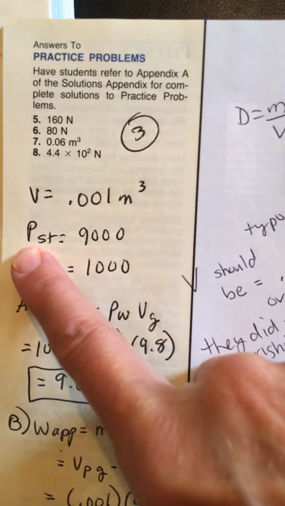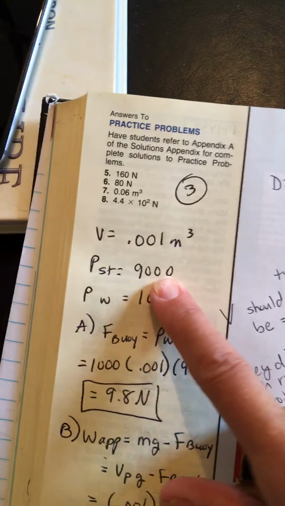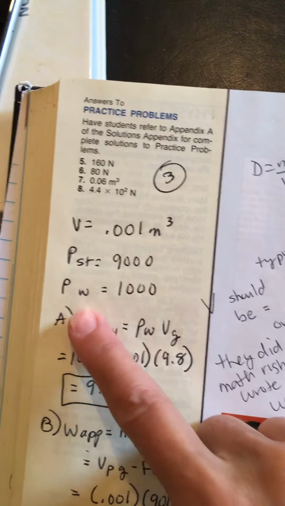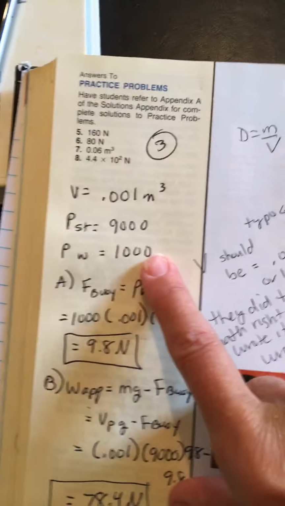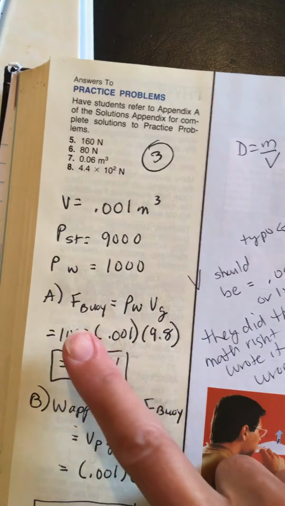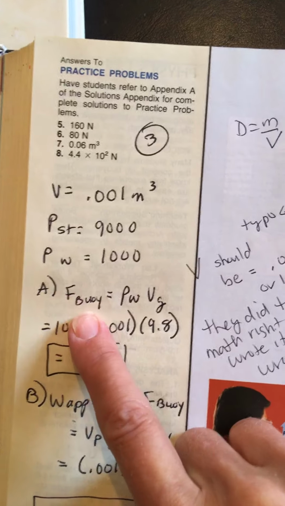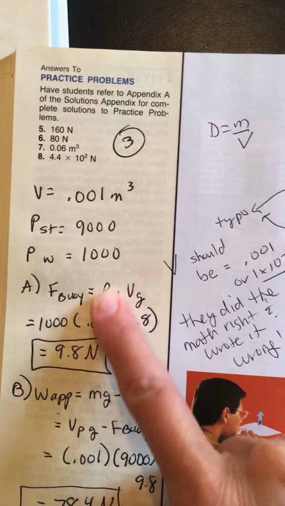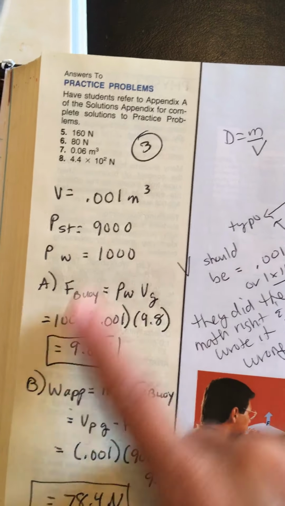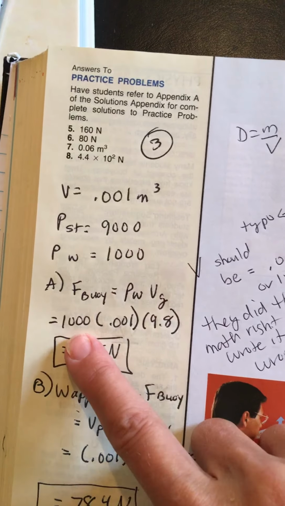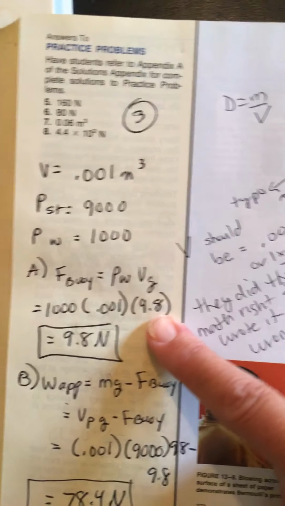So the density of the steel, P of steel, is 9,000. For the water, it's 1,000 because we're putting it in water. So what we're trying to figure out is the buoyant force, and it is equal to the P of water times V times G.